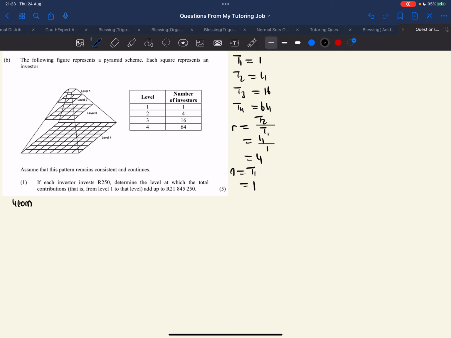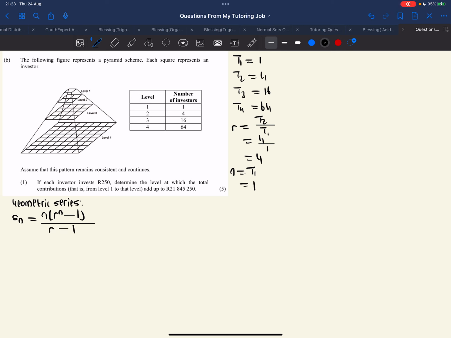Now to calculate the sum of a geometric series, the formula is given as Sn equals A (R^n minus 1) over R minus 1.